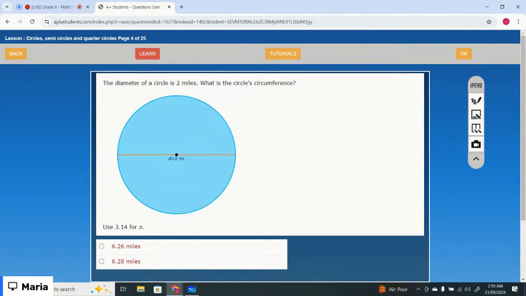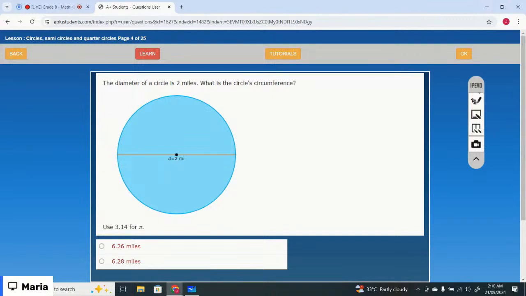The diameter of the circle is 2 miles. What is the circle's circumference? So which is the correct option? You have to use the formula C equals 2 pi r.